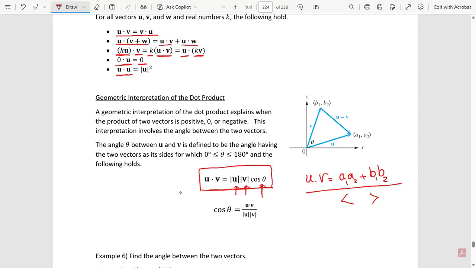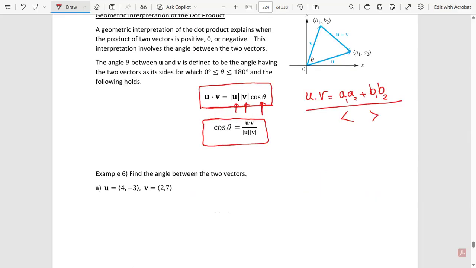And we can also use this formula to find the angle between the two vectors. If we use this formula, find the cosine theta, and then use the cosine inverse key, we will find the angle between the two vectors.